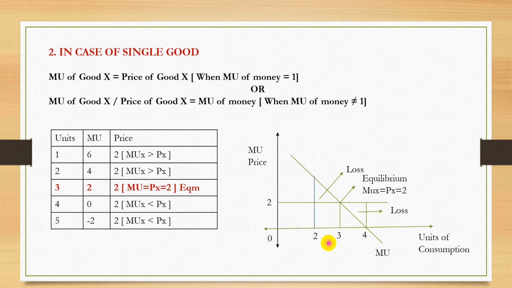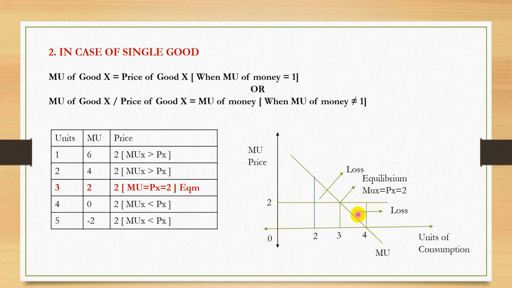Let us now see when MUx is less than Px. At 4 units of consumption, MUx is less than Px. This is the MU and this is the price. He is paying this area, and he is getting this satisfaction. So he is paying for this, but he is not getting this satisfaction.